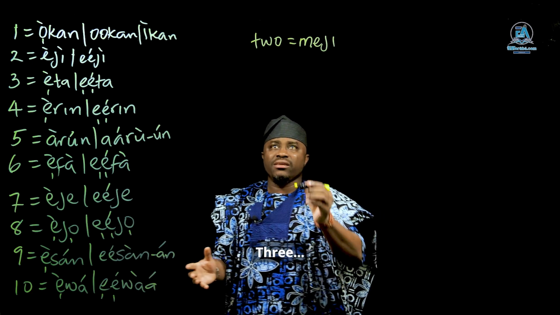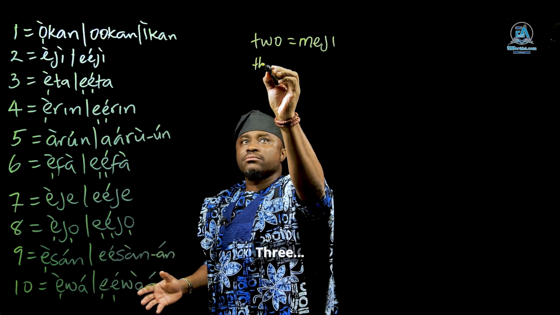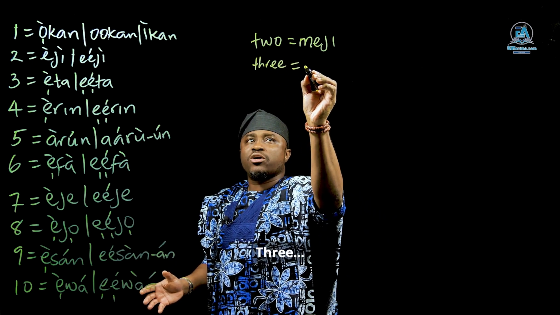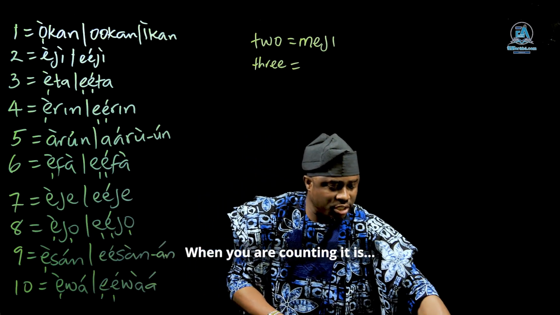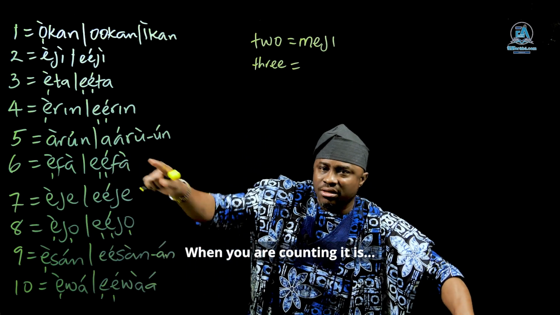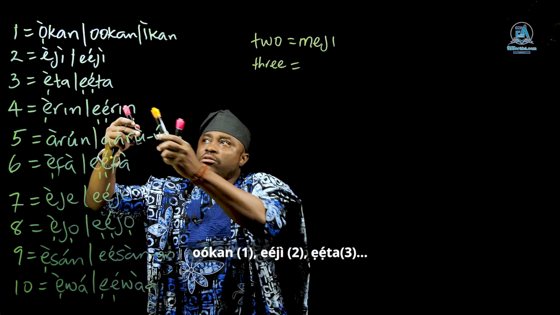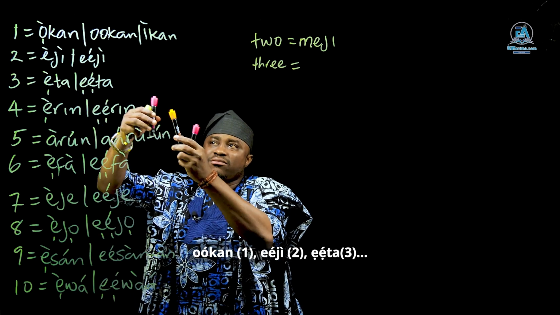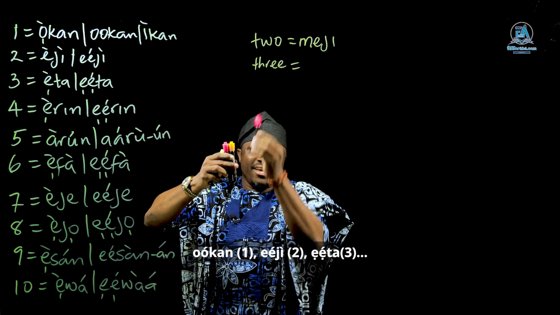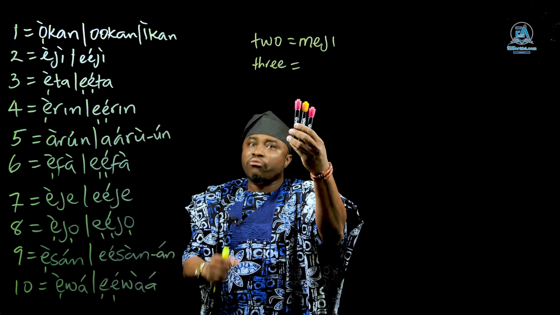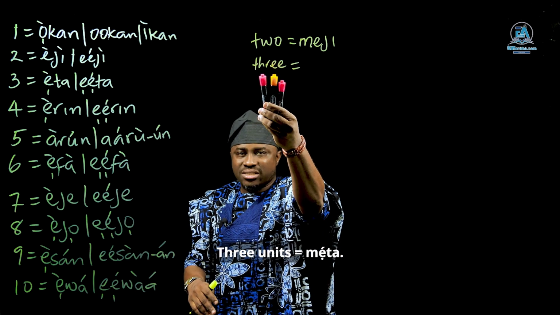So 3 becomes, when you're counting you say ọ̀kan, èjì, ẹ̀ta, then you have 3, then you have mẹ́ta.